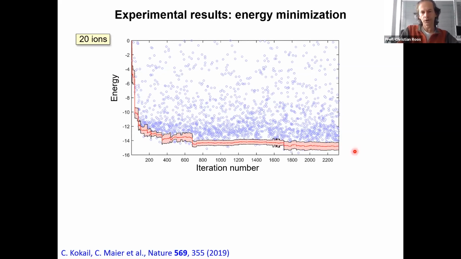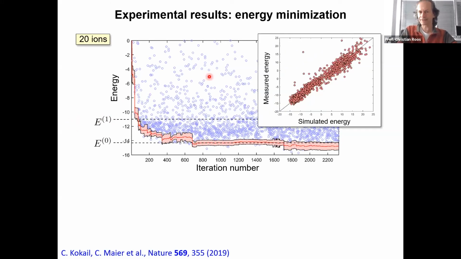So if you collect all the information that is available and try to get the best estimate of the measured energy, you see something which goes down and comes pretty close to the known energy of the Hamiltonian that we had been looking at in this experiment, and which is much closer to this energy than the energy gap between the ground state and the first excited state. That's maybe an important quantity to know.